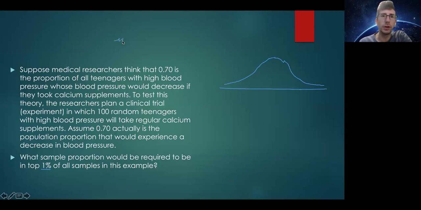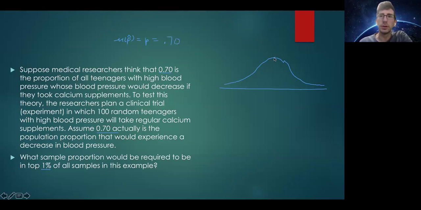We know that the average of all of our sample proportions is going to be equal to our population proportion, which is given here. And again, down here, we're told to assume 0.7 is the population proportion.